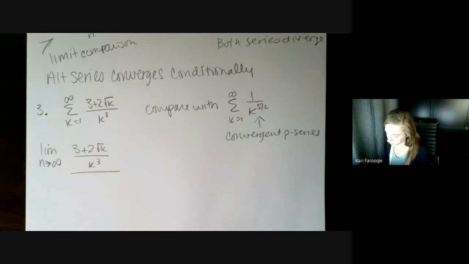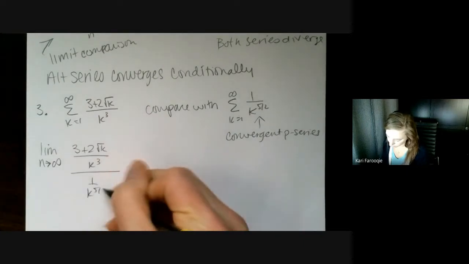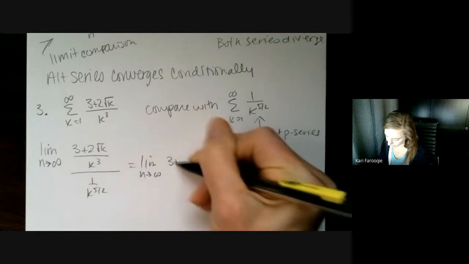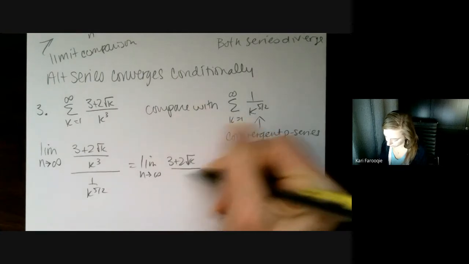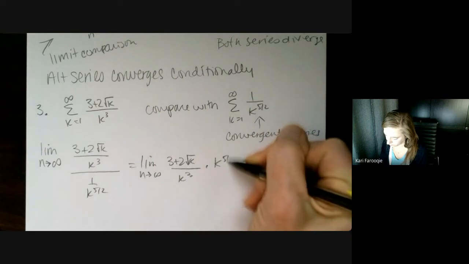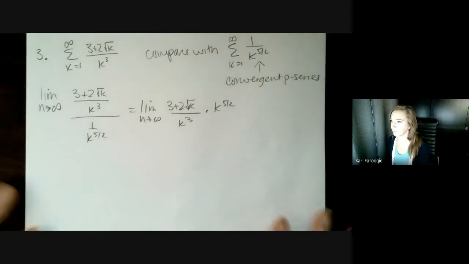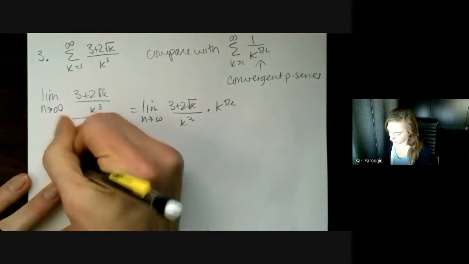So there's your series. Here's the comparison. Instead of dividing by 1 over k to the 5 halves, multiply by k to the 5 halves. And then simplify.